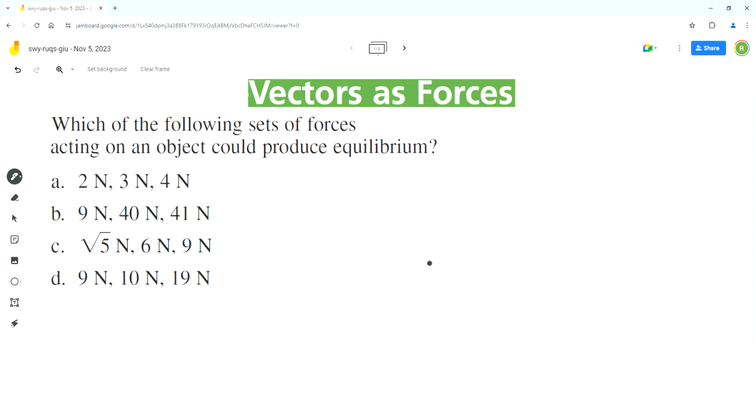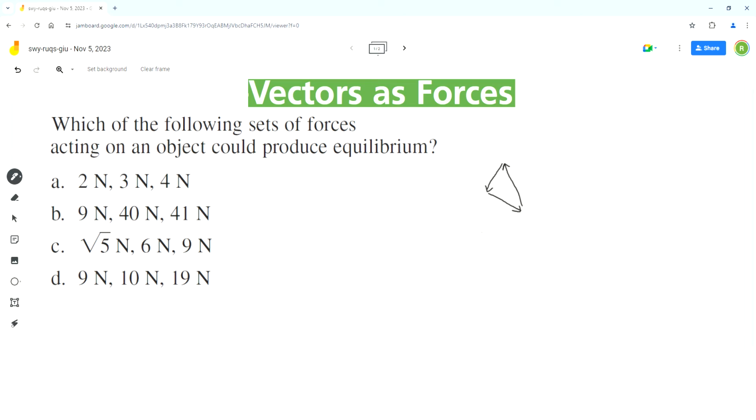Now there are two ways in which a set of three forces can balance each other out. So one way is this setup.